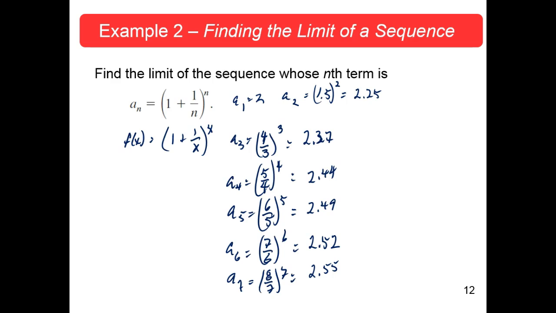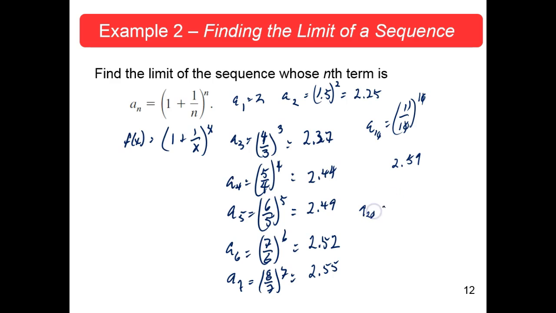So let's jump to A sub 10, which would be 11/10 raised to the 10th power. 2.59, oh yeah, it's going up still.